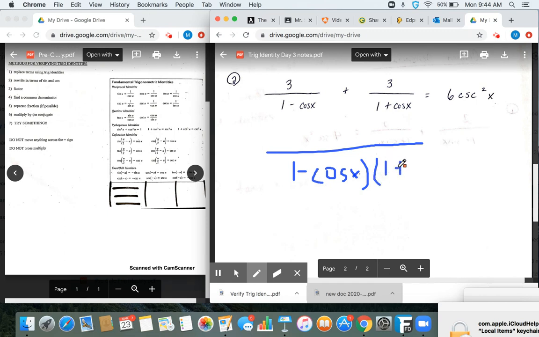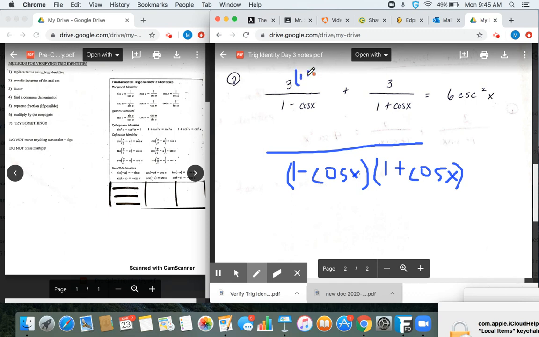The next step would be for us to multiply our numerators by that missing piece of the denominator, if you will. All right. So we know that we would have to multiply this by this denominator here.